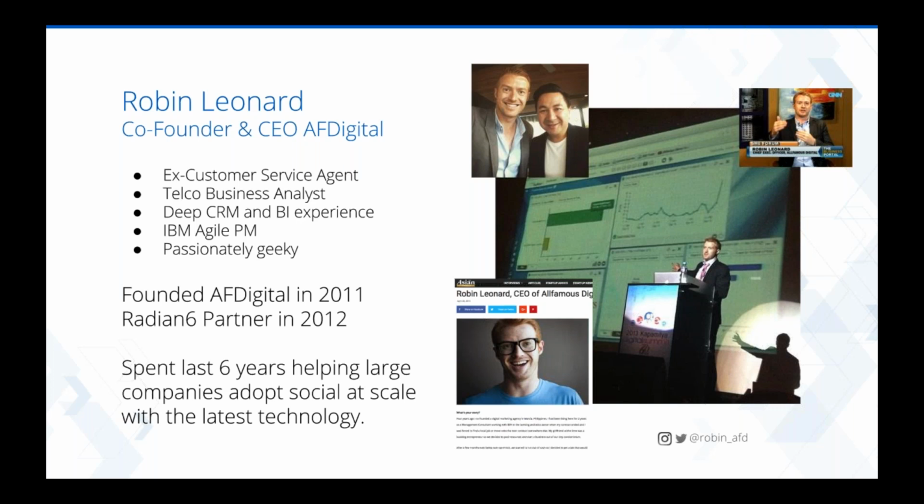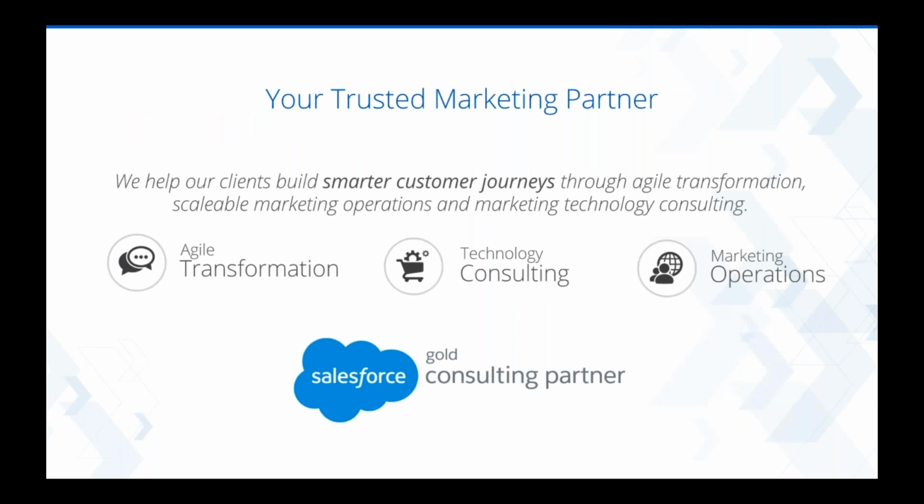AF Digital was founded in 2011, and we've been a Radian6 partner since 2012. So we started very early days with Salesforce as a partner focused on social. And we've really spent the last 6 years evangelizing social across APAC. My company, AF Digital, is a trusted marketing partner. We help our clients build smarter customer journeys through agile transformation, scalable marketing operations, and marketing technology consulting.